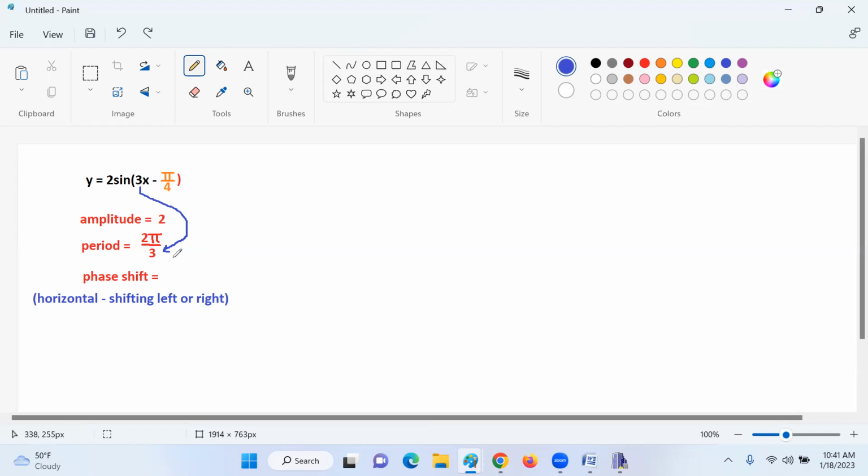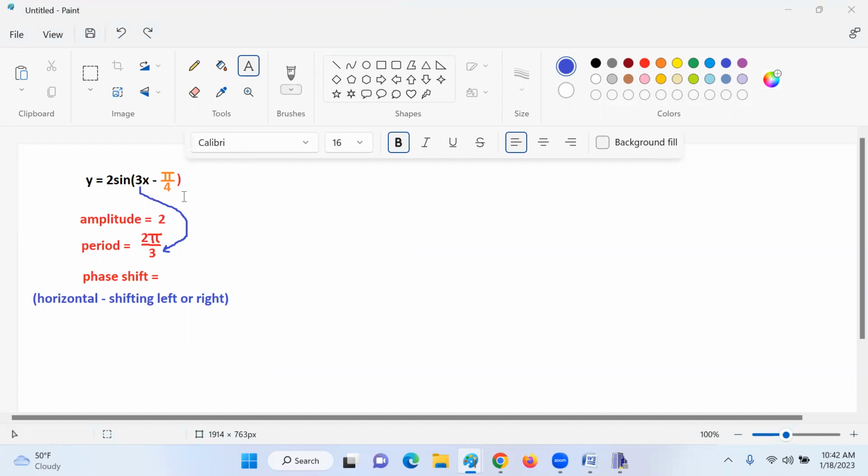Now, in order to figure out the phase shift, what are we going to do? Anyone still remember? We shift to the right. Very good, because this is minus. Whenever you see the minus, we have to shift that function to the right. And how much are we going to shift it? Pi over 4, but that's pi over 4 for x.